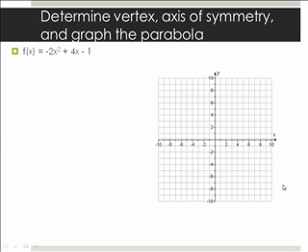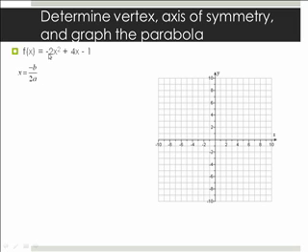Okay, we're going to find the vertex, the axis of symmetry, and then graph the parabola given f of x equals negative 2x squared plus 4x minus 1. So we'll start by finding the vertex using the formula x equals negative b over 2a.